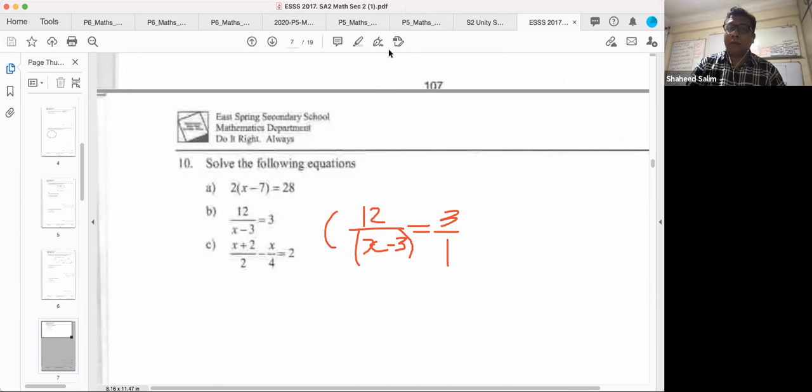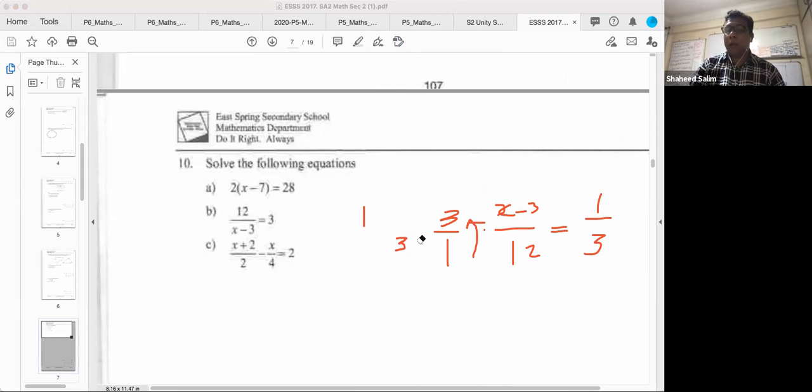Okay, I just write the flip lah. This one go up, this one go up. This one go down, go down. What do I mean? So now x over 3 over 12 is equals to 1/3. See, I just flip it already.